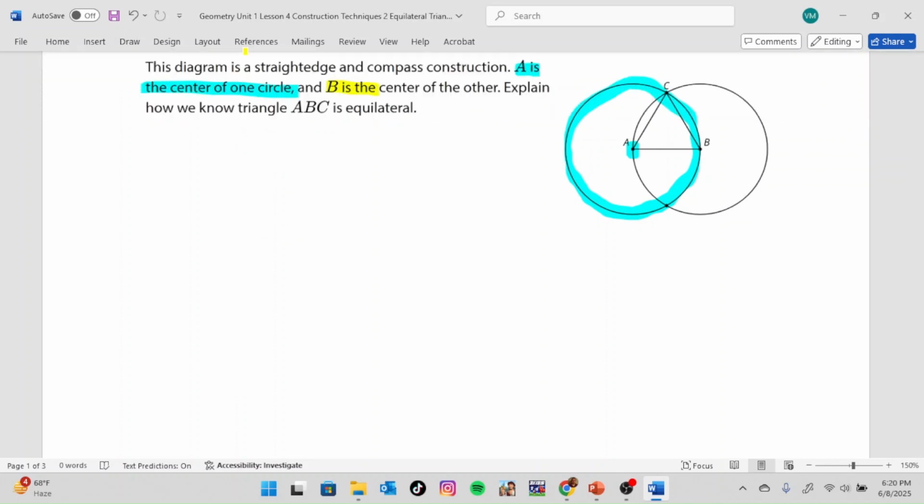And B is the center of the circle on the right. So I'm going to highlight this in yellow. They want us to explain how we know that triangle ABC is equilateral.